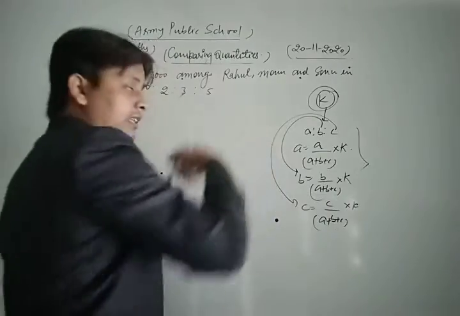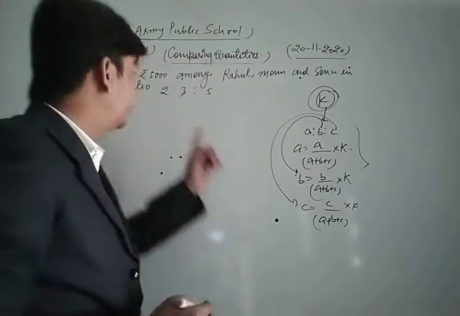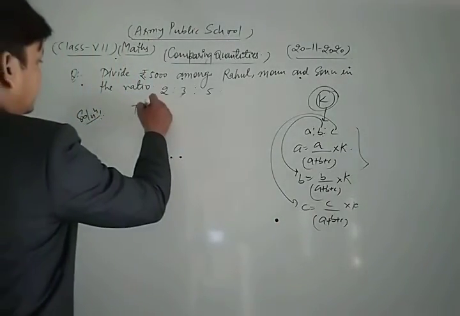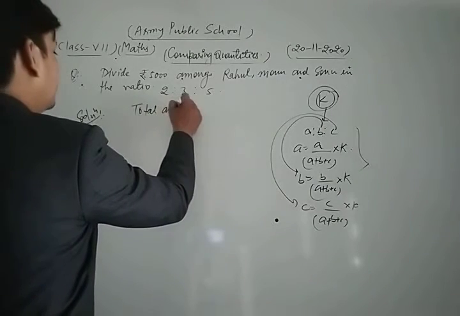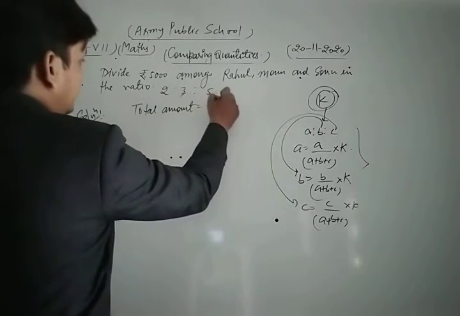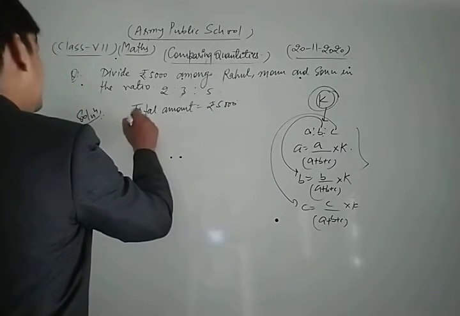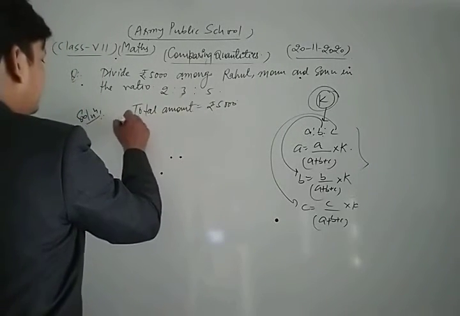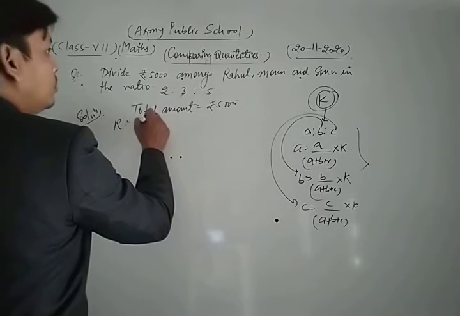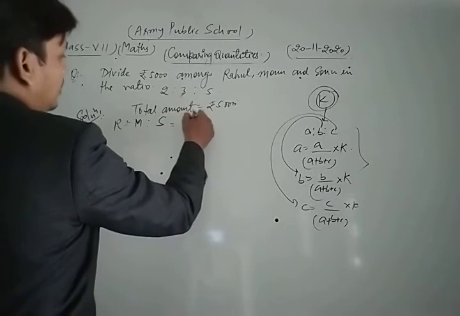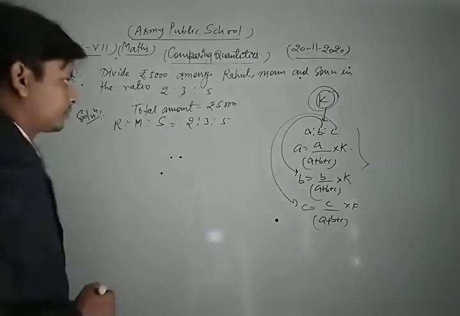So here we apply the same process. Here the total amount is rupees 5,000, and the ratio of Rahul, Monu and Sonu is 2:3:5.